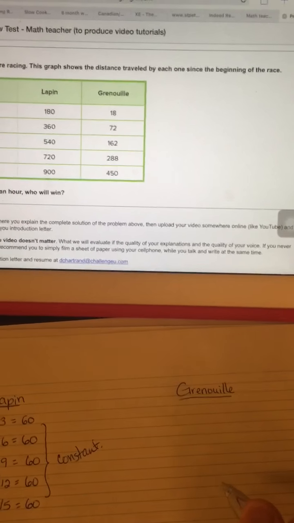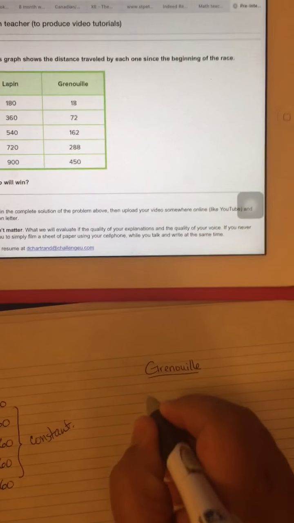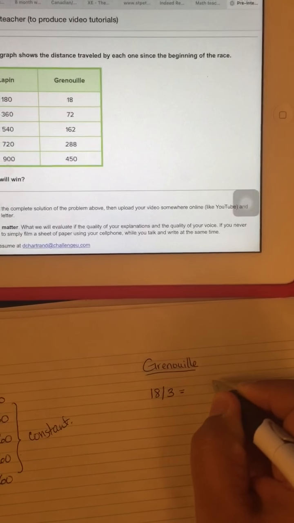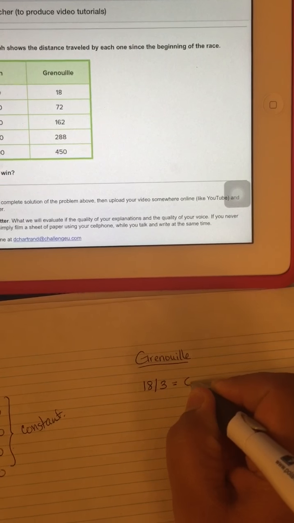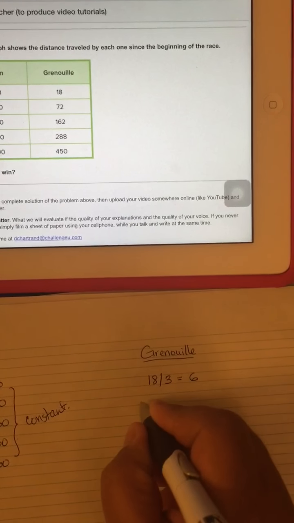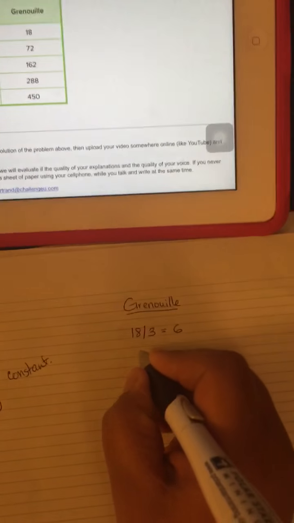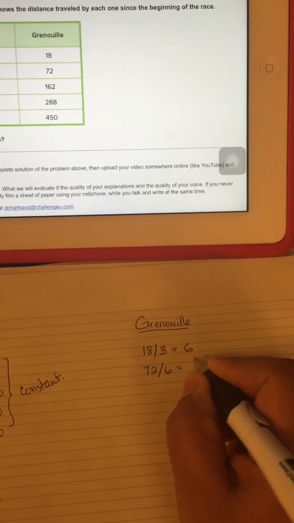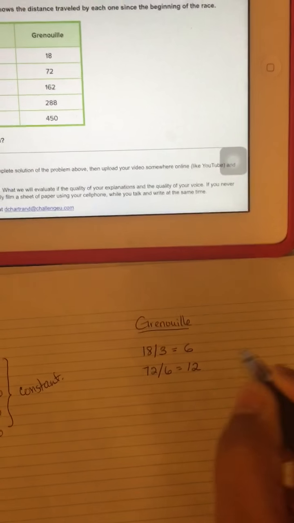So let's start. We'll do the same thing we did, which is take our distance and divide it by our minutes. And we get 6 for the first one. Then we get 12 for our next set.